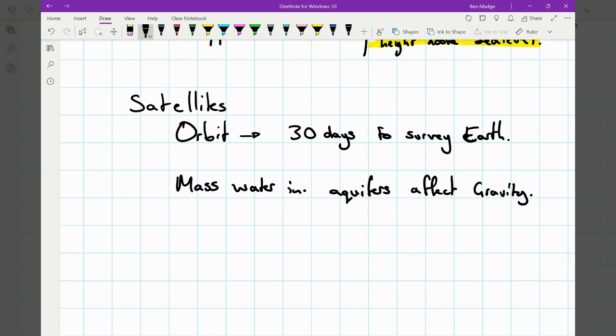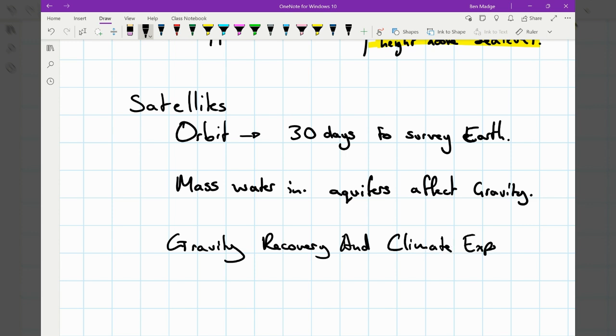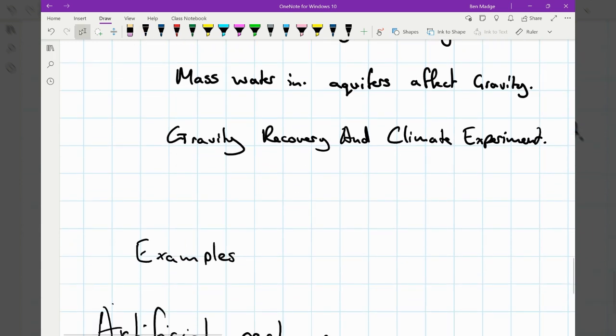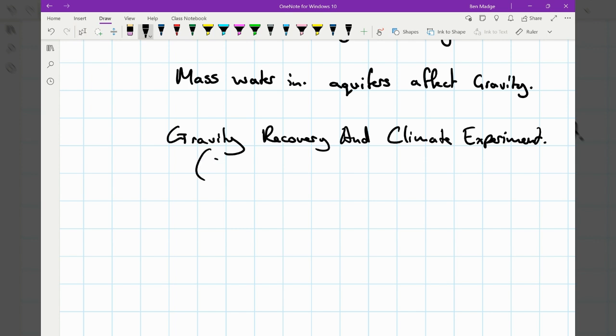And this means that if we have our GRACE satellites, so G, which is the gravity recovery and climate experiment, which we've come across before when we were looking at ice, we can use those same satellites to measure aquifers.